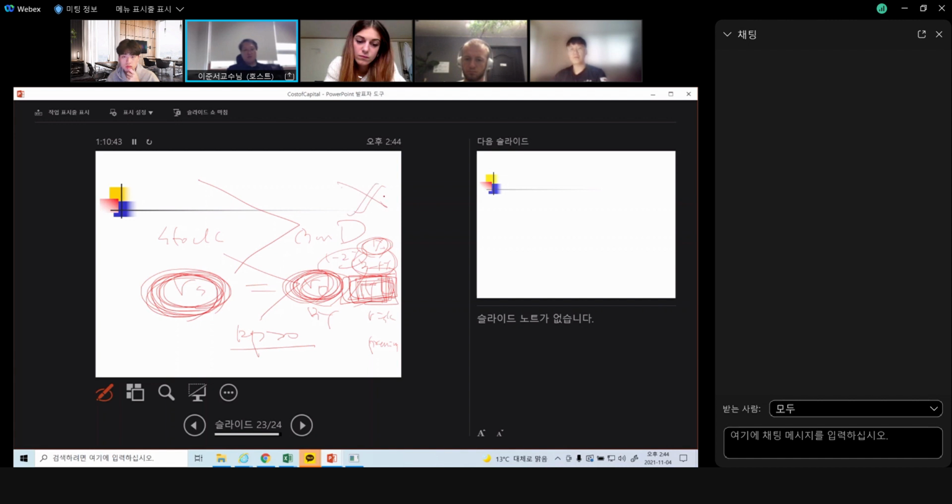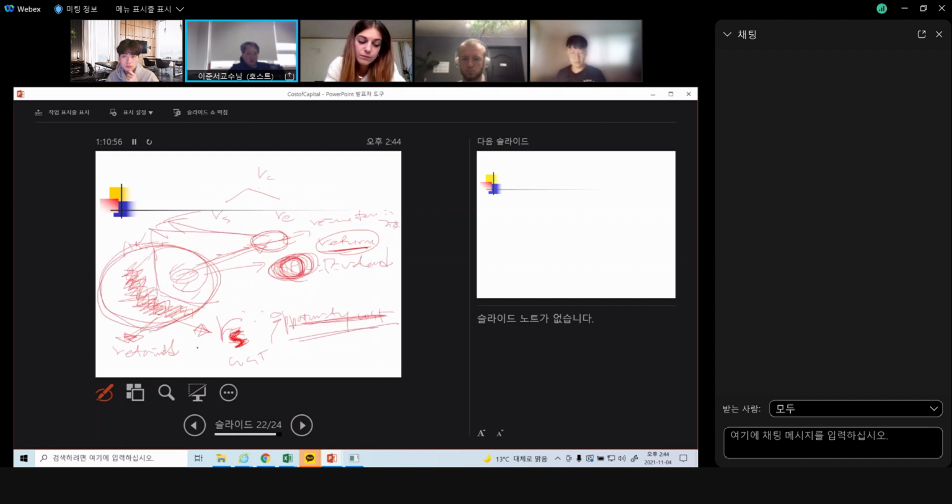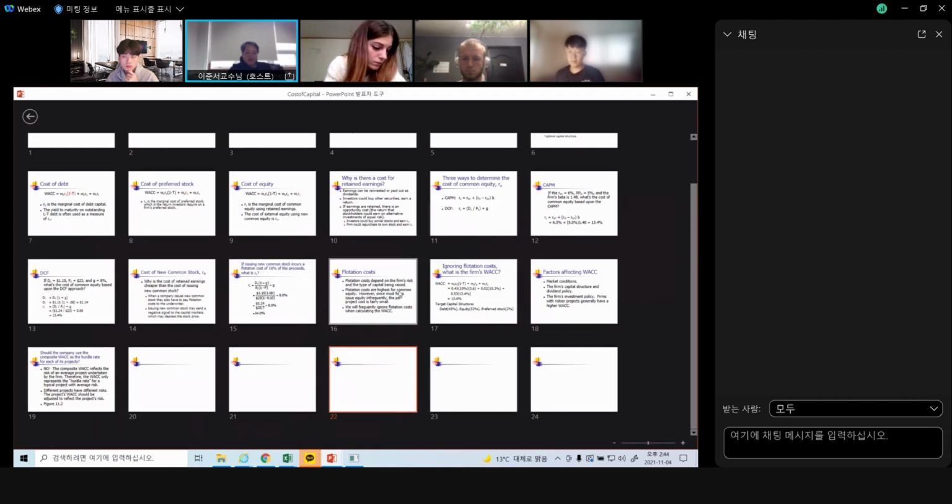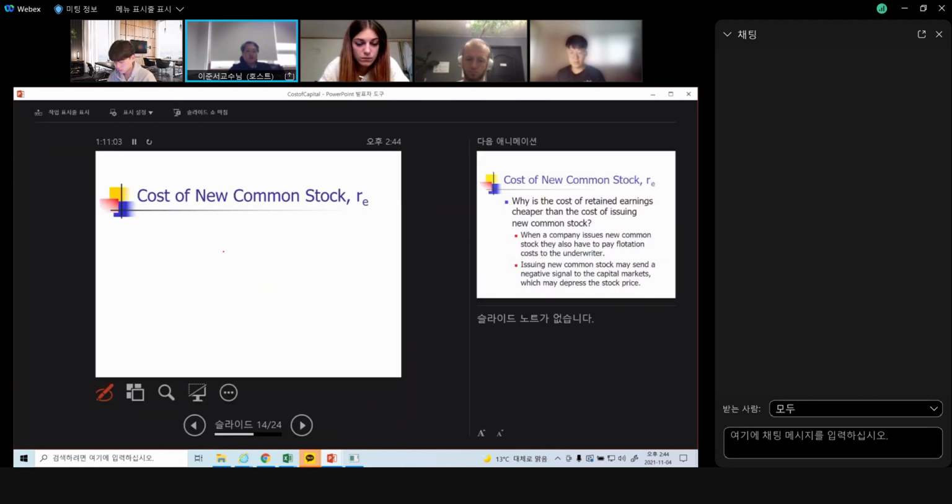No way. At least 1%, I think. Okay, that's the bond yield plus risk premium. So we have three ways to calculate the cost of common equity. Next class we will talk about the cost of new common stock.